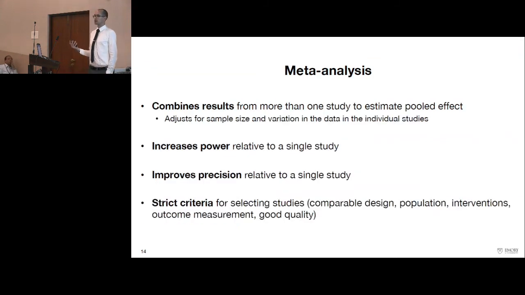And even higher in the hierarchy, probably the best source is a meta-analysis, which is an analysis built on a systematic review that pulls all the data together into essentially one huge cohort and re-estimates the parameters.